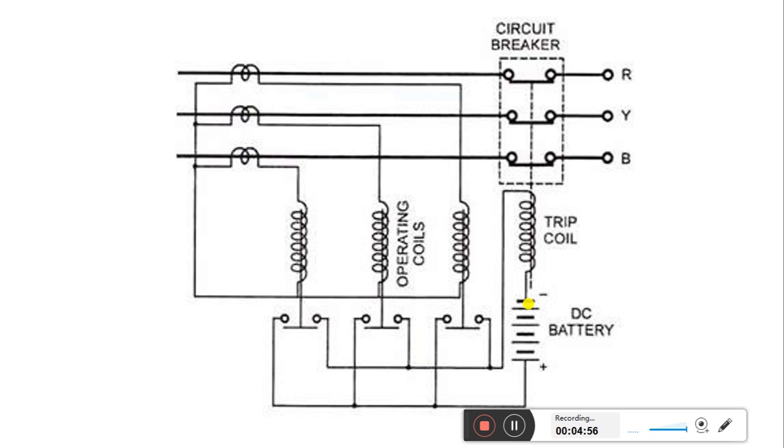It means current is flowing to the trip coil, and as soon as the trip coil attains its set value, that is, the trip coil is set for a particular current at which it will operate, these contacts which are closed now in R, Y and B phases will become open.